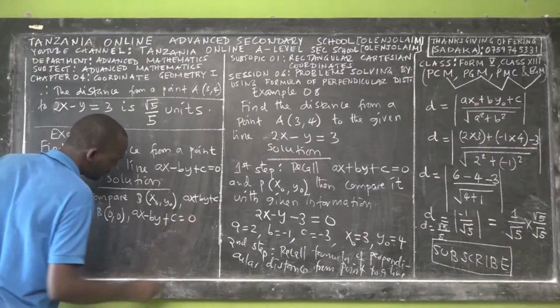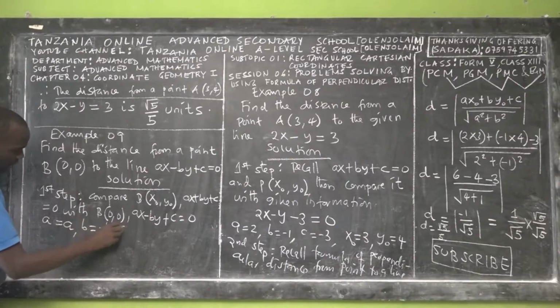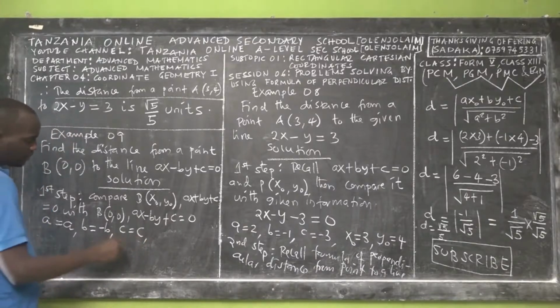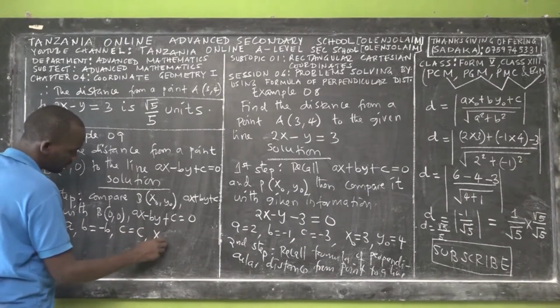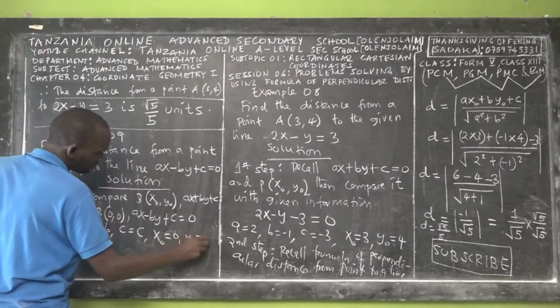If you compare, you can find that the value of A is A, the value of B is negative B, the value of C is C, and the value of x naught is 0, the value of y naught is 0.